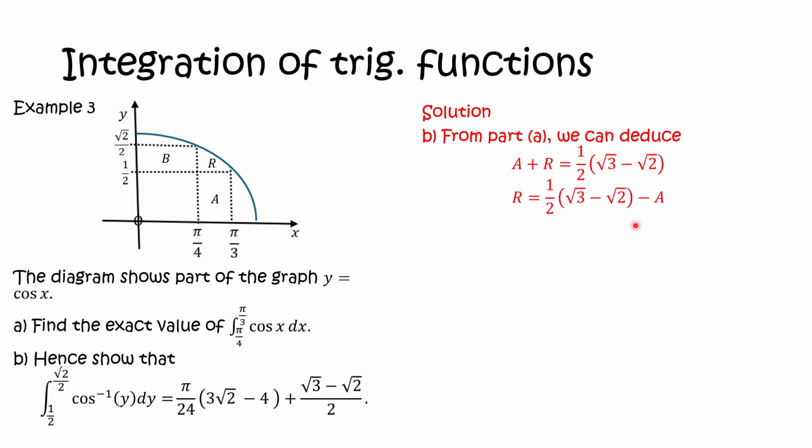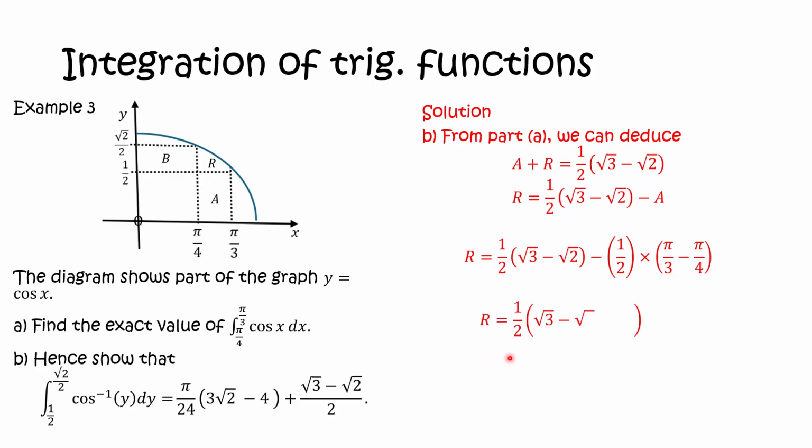Great. So solving for R, we would have that. And then substituting for A. Remember, A is a rectangle, so we're going to have half, which is the length, times the width, which is pi over 3 minus pi over 4. So in simplifying our work, we would get to that. So R is equal to half square root of 3 minus square root of 2 minus pi over 12 square units. That is our R.